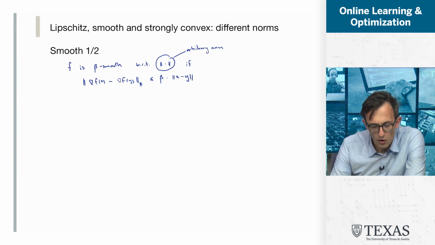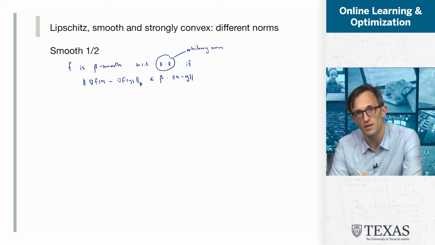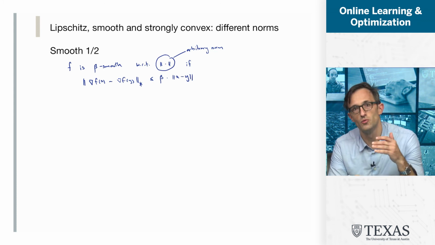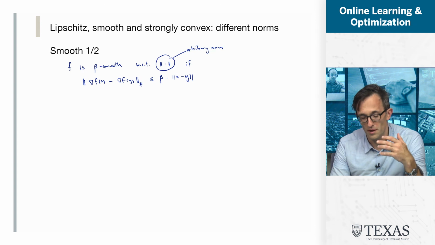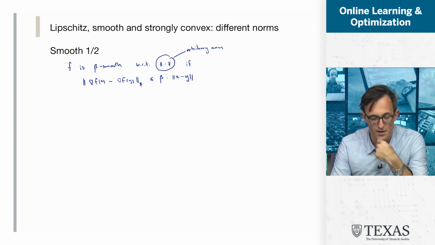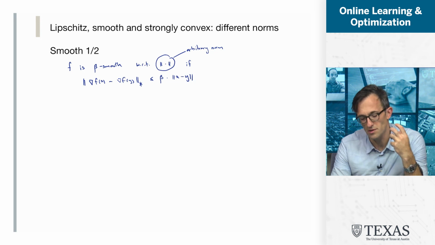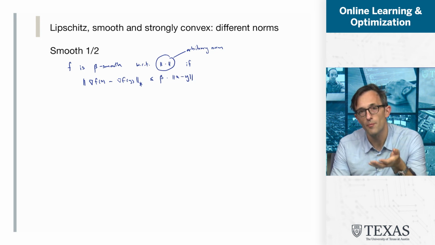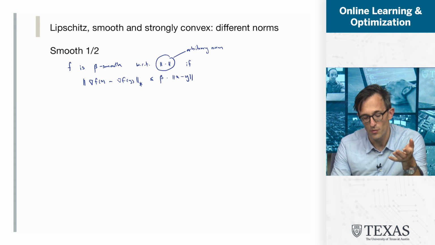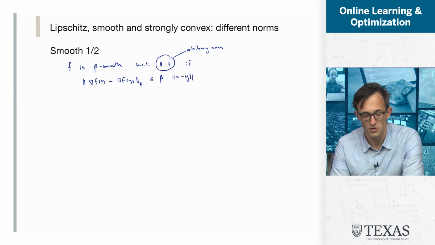And if you recall, one of the consequences of this definition that was really important, that basically went into our proof of rate of convergence for gradient descent on smooth functions, was that if a function is smooth, we get this quadratic upper bound. In other words, the inequality of convexity is reversed, and I have an additional quadratic.